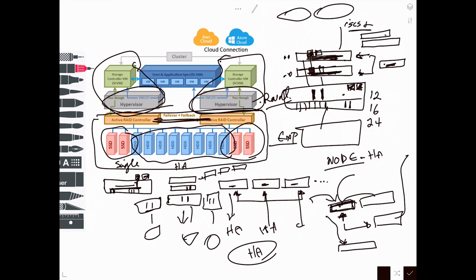It's more affordable because it has fewer components. It's a single controller. And the scale-out is like a single controller in each of them, but many nodes, 2 nodes or 3 nodes or 4 nodes and all that. So it depends on what your requirement is.